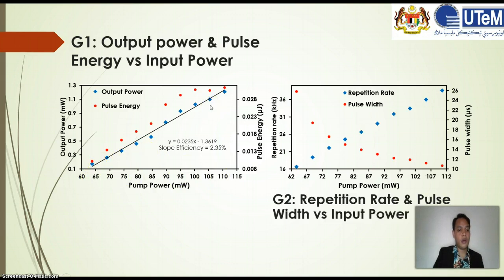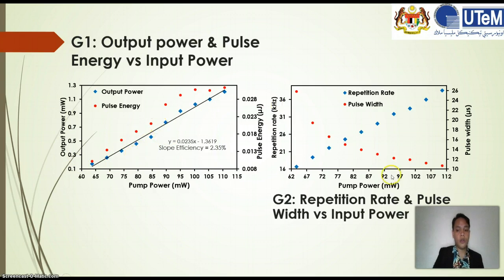This is true based on previous research using different SA films, which also shows the same result. So we can say that whenever the pump power is increased, the output power is also increased. Both are directly proportional.